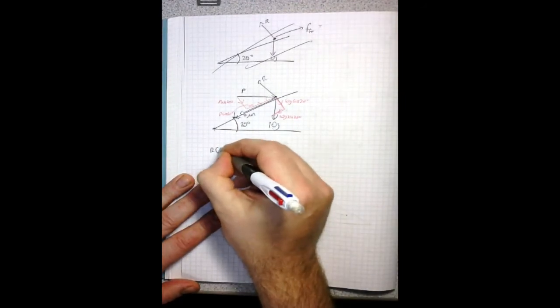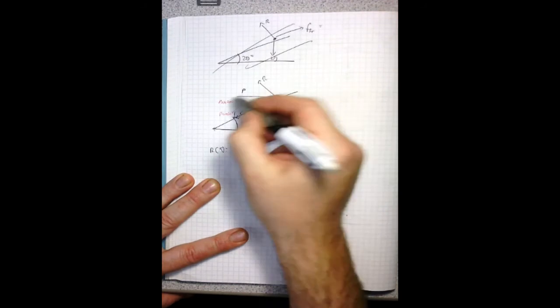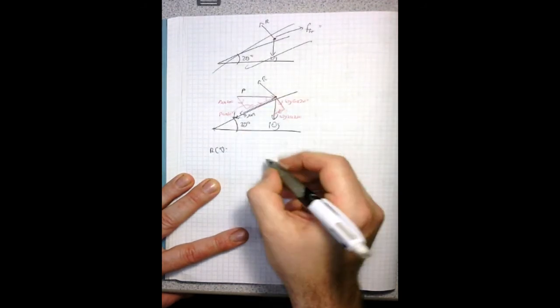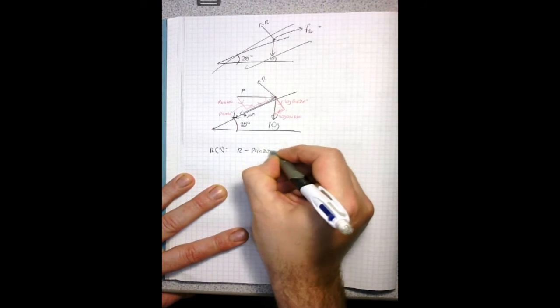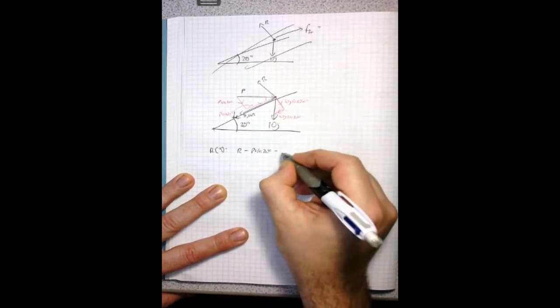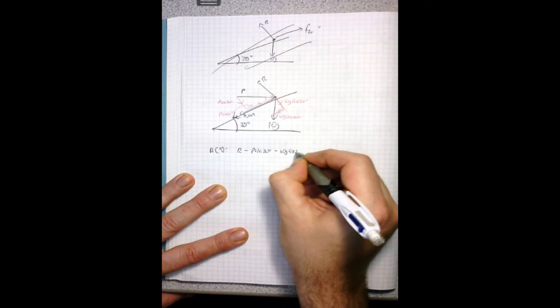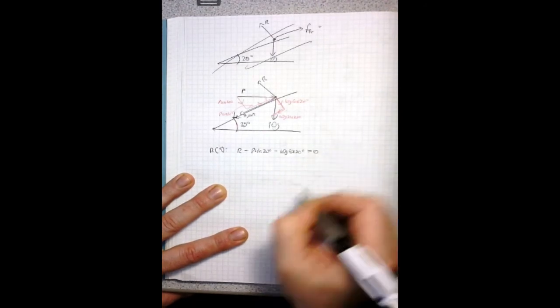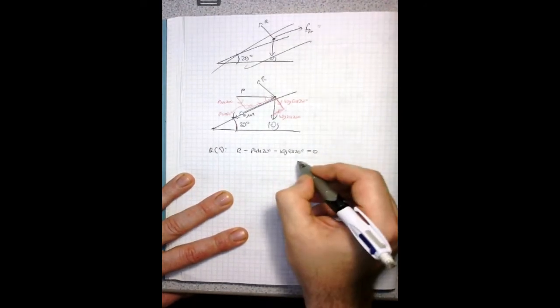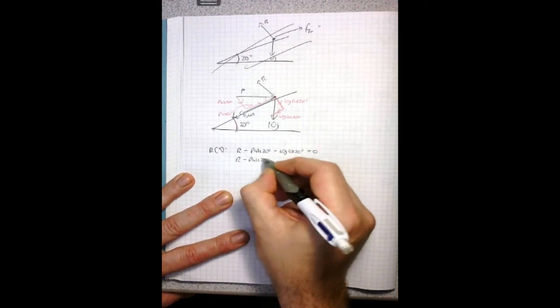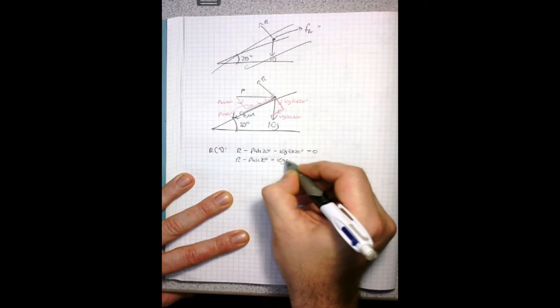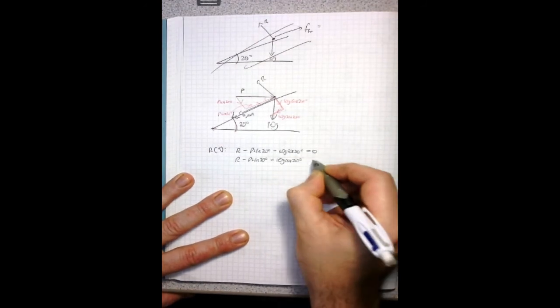Okay, so resolving perpendicular to the slope, well, I've got this extra force here to be concerned about. R minus P sine 20 minus 10g cos 20 equals 0. So I'll leave that in the form that the calculator wants for simultaneous equations. That's equation number 1.